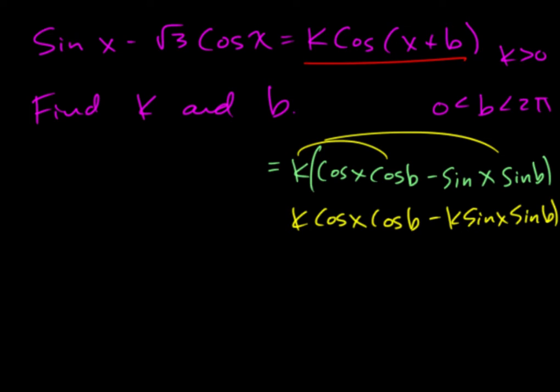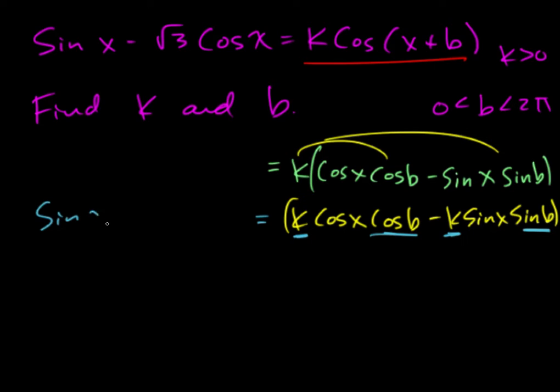Alright, now k and b are both constants. So we can think of this and this multiplied together as a coefficient, and this and this multiplied together as a different coefficient.